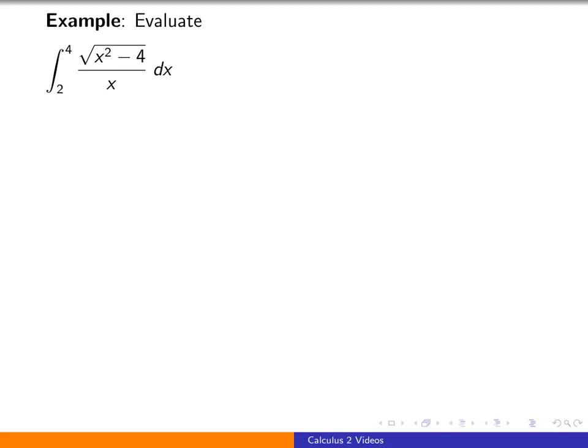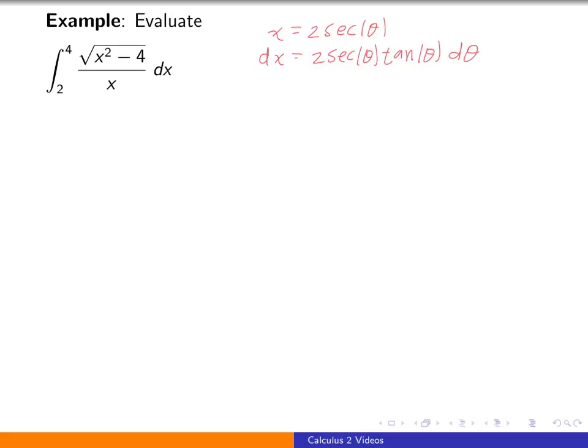Let's now look at a similar type of example, but in this case, one with a definite integral. Once again, identifying this x squared minus 4, that is an indication of a trig substitution. The substitution this indicates is that we should use x equals 2 secant of theta, which makes dx 2 secant theta tangent theta d theta.